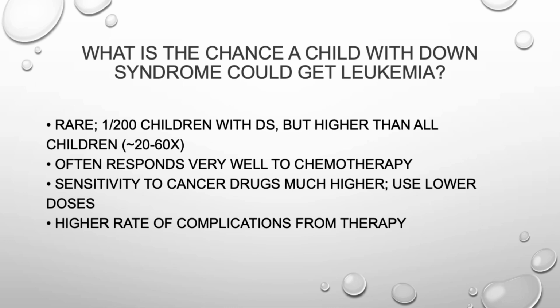If I compare Down syndrome children with normal children, yes, Down syndrome children have 20 times to 60 times more probability to have leukemia. But if you look at Down syndrome children overall, this is only 1 in 200.